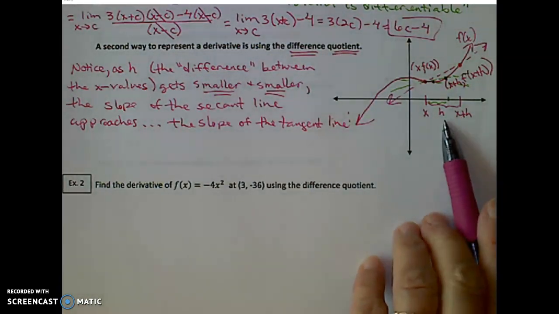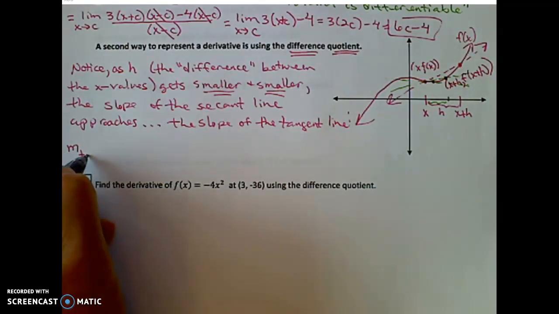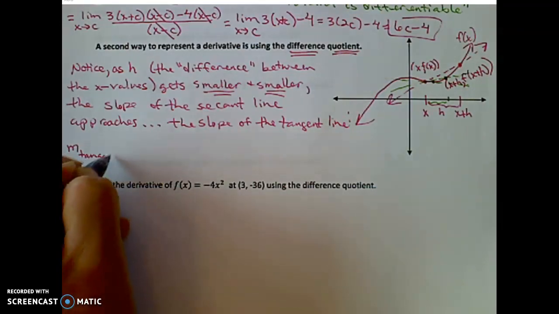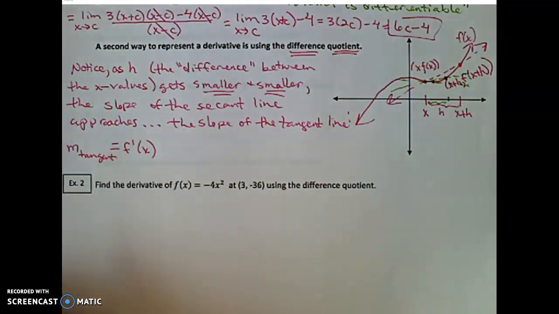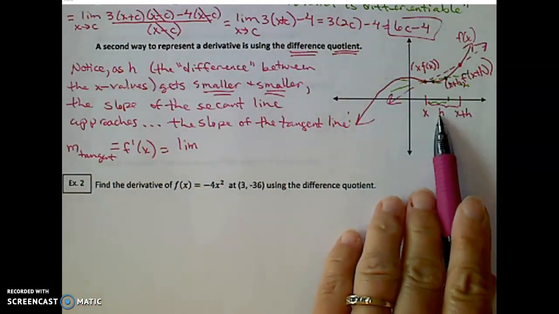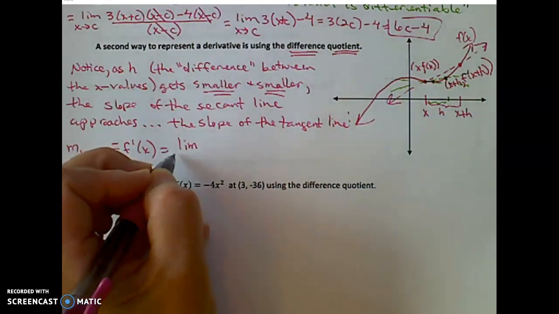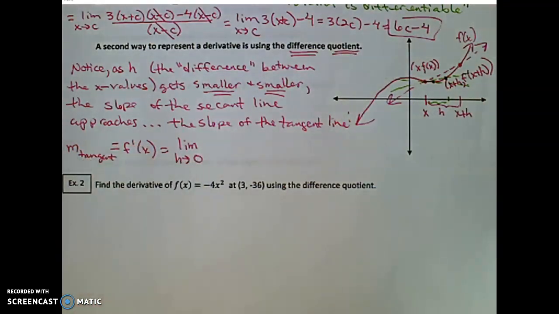As that h value gets smaller and smaller, the slope of the tangent line, which is f prime of x, can also be written as the limit as h approaches 0. Hold on.